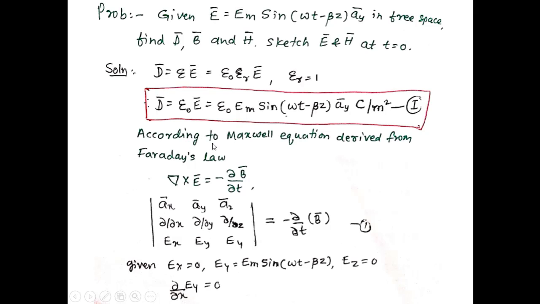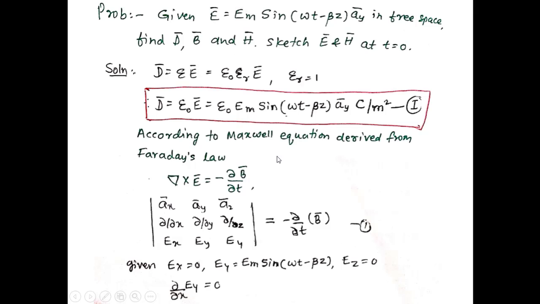But according to the Maxwell equation derived from Faraday's law, we know that curl of E bar is equal to minus dou by dou t B bar. Therefore, curl of E bar in matrix form is written as Ax bar, Ay bar, Az bar; dou by dou x, dou by dou y, dou by dou z; and Ex, Ey, Ez, is equal to minus dou by dou t B bar. Here given Ex is equal to 0 and Ez is also 0.